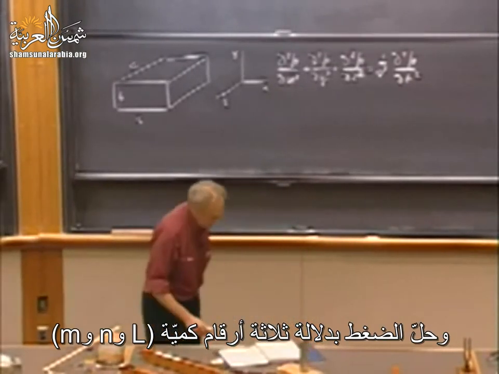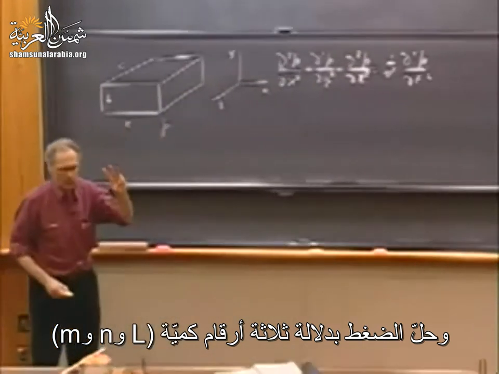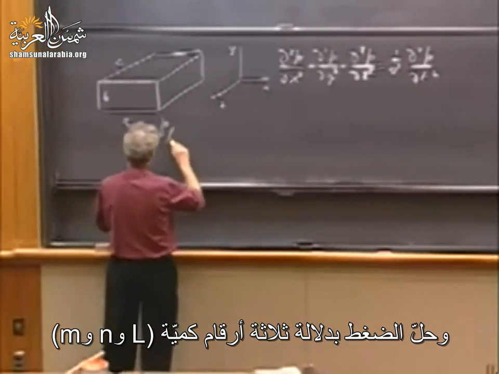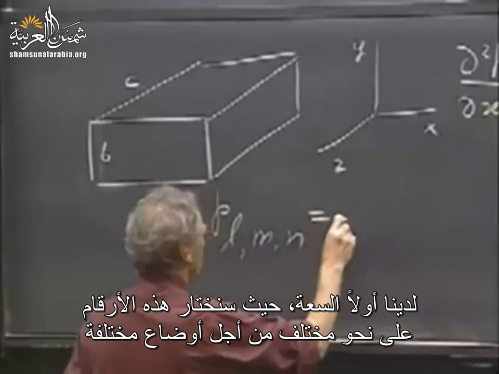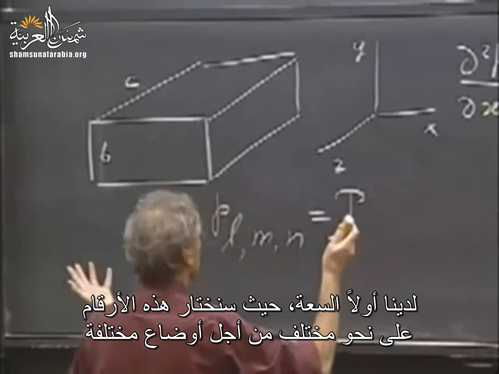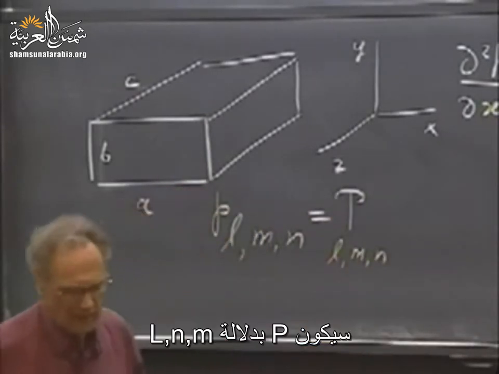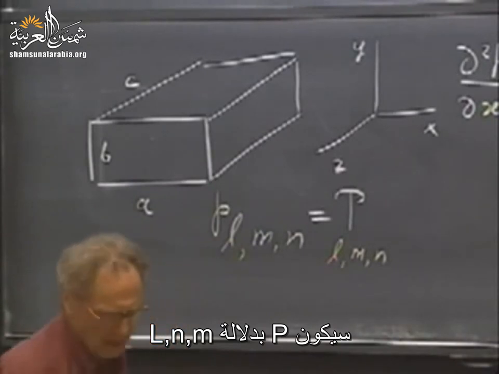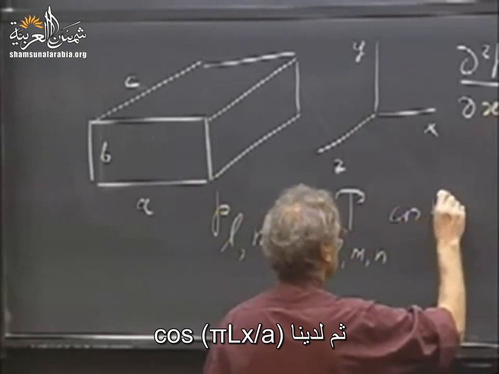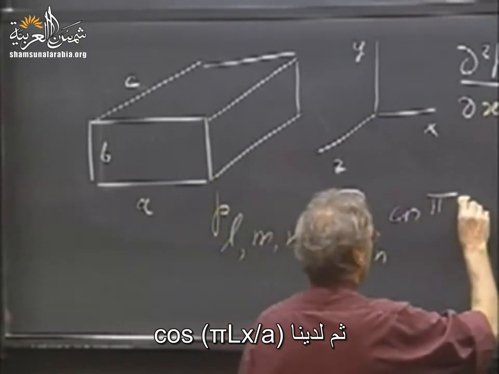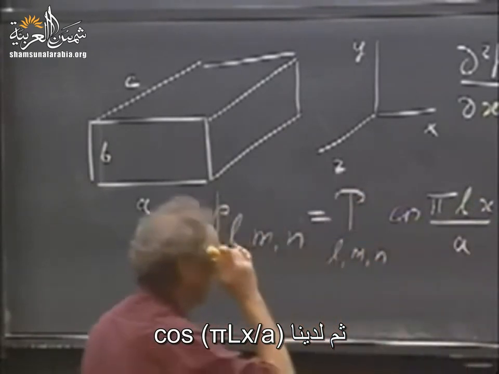And so the solution then for the pressure, in terms now of 3 quantum numbers, L as in lion, M as in Mary, N as in Nancy, is now some kind of an amplitude which can be chosen differently for the different modes. So I give them then the index L, M, N, and then you get the cosine of pi times L times x divided by a, which is my L of x.